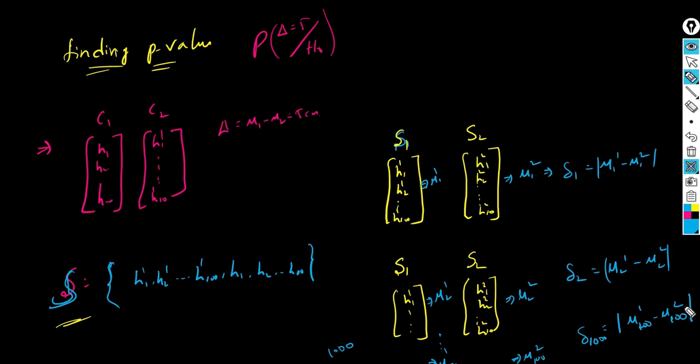Now we have the delta value, which is 5, and also delta 1, delta 2, delta 3, similarly up to delta 1000 values. Now we will also place this delta value in these delta values. Now in total we have 1001 points.